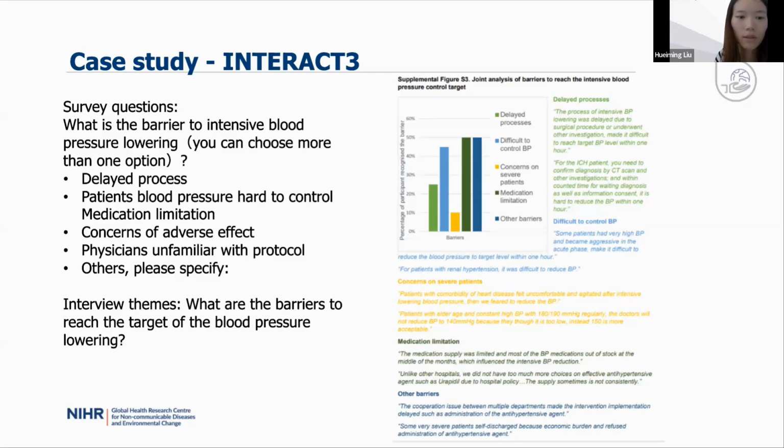physicians and nurses, but we also wanted to know much more detail about the barriers to reaching the target of blood pressure lowering. So we have this specific question in the interview. And after we collected the data and did the analysis, we can match both of the results from the survey and interview.